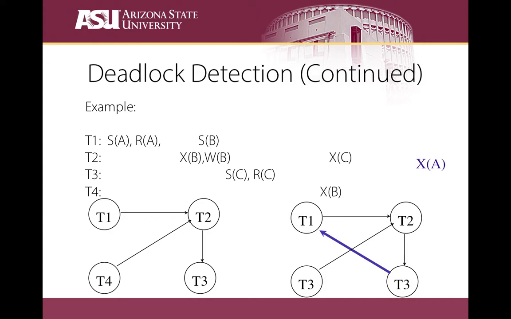But what matters the most is breaking the cycle. You can have one transaction that a lot of people are waiting on, like T4, but there's no cycle at all. This is fine. The one in the cycle, yes, you can do that.